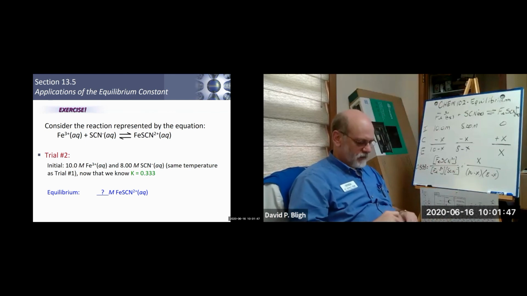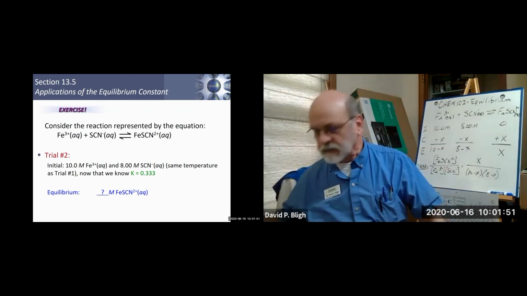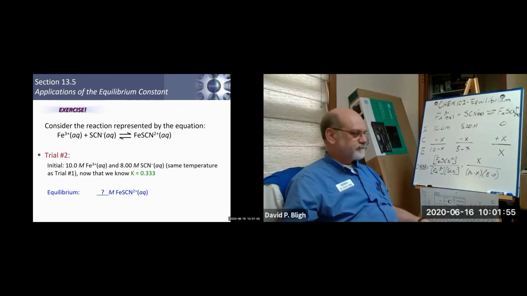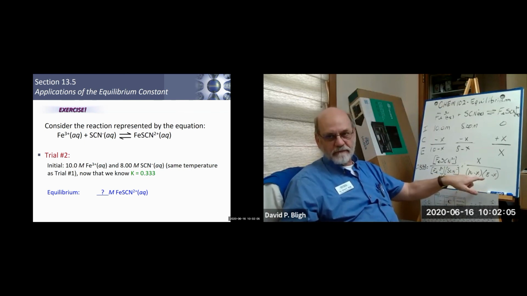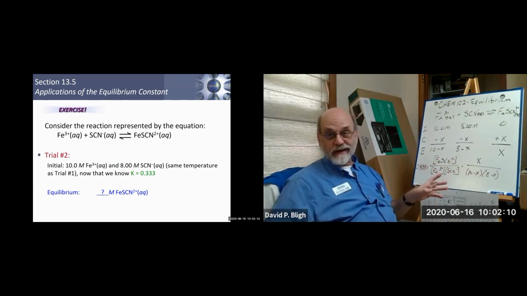Now, anyone who remembers their algebra remembers that if you expand this polynomial, you're going to get an X squared and an X, right? So our expression is eventually going to be a quadratic equation.